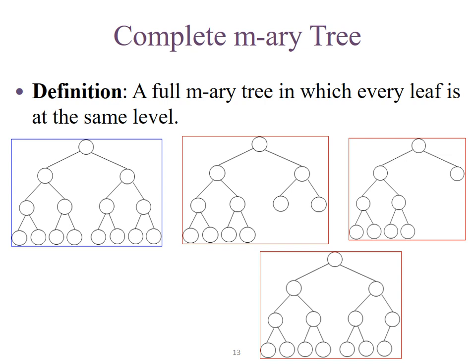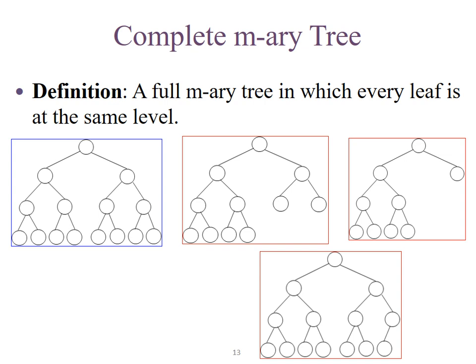When we discuss the height of the tree, we are traversing from the root to the leaves, and along these paths we define the height of the tree. Based on these paths, we can determine level 0, level 1, 2, 3. So if every leaf is at the same level, then we call this a complete M-ary tree.